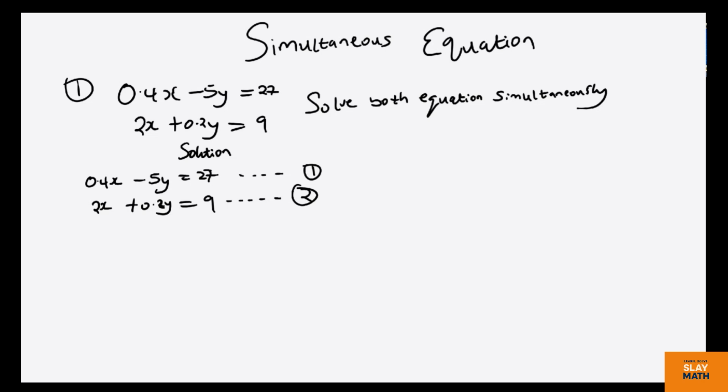Remember the last time we did change of subject of formula? Make x the subject of formula in equation 2. So how do we go about that? Remember, we isolate the variable we're trying to make subject of formula so it stands alone. So we have 2x is equal to 9, and when 0.2y goes over the equality sign, it becomes minus 0.2y.